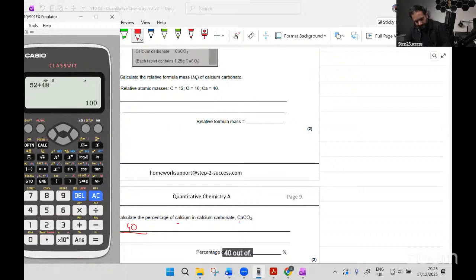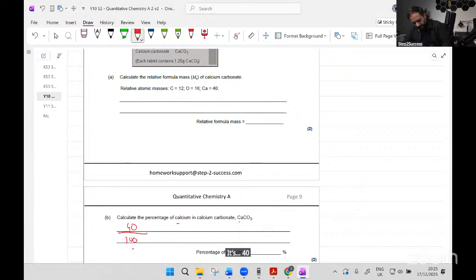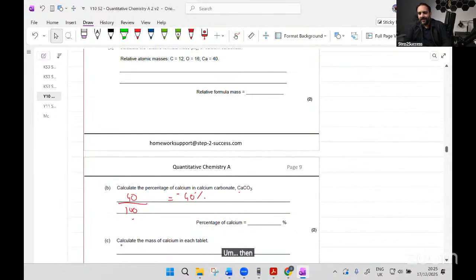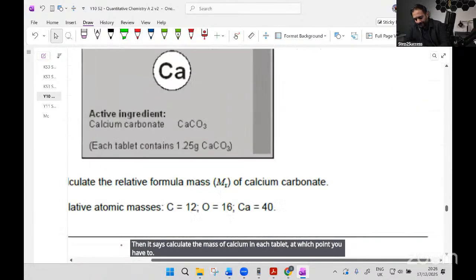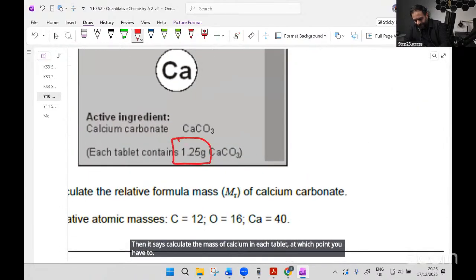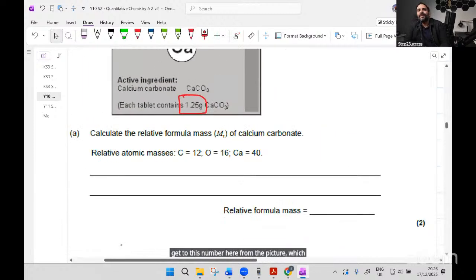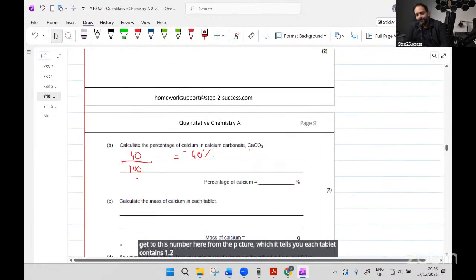Oh, it's 40%. Okay, so the answer to part B, I think, is 40%. Then it says calculate the mass of calcium in each tablet, at which point you have to get to this number here from the picture, which tells you each tablet contains 1.25 grams.